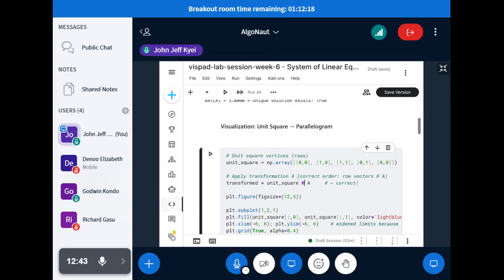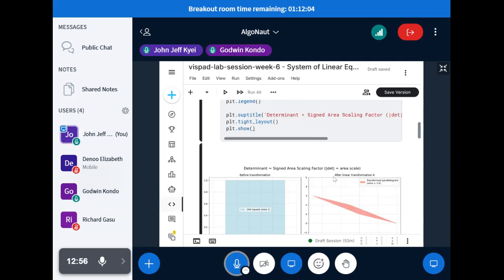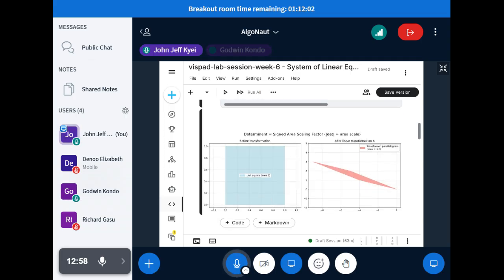So we just specified our unit square over here, and then we applied this matrix to transform it, and then just to visualize what happens. Any 2 by 2 matrix will transform the unit square into a sort of parallelogram, and this is the parallelogram that we get when we use the matrix A, right?